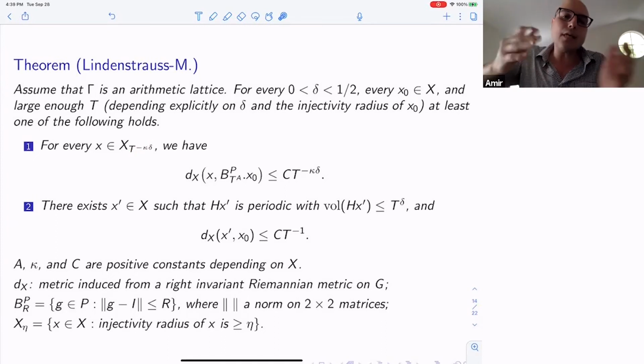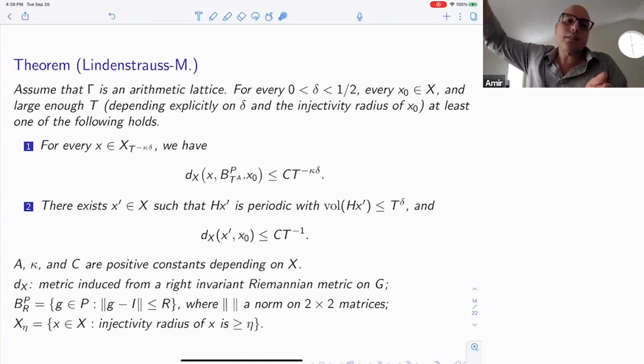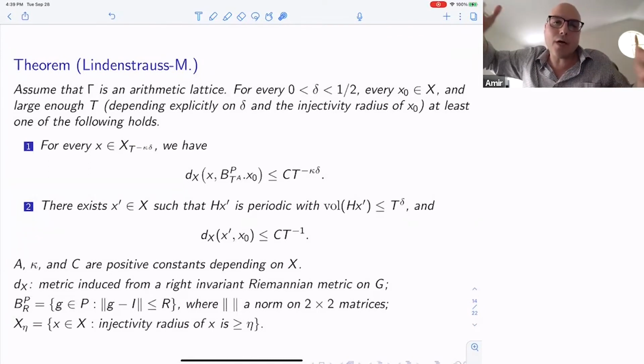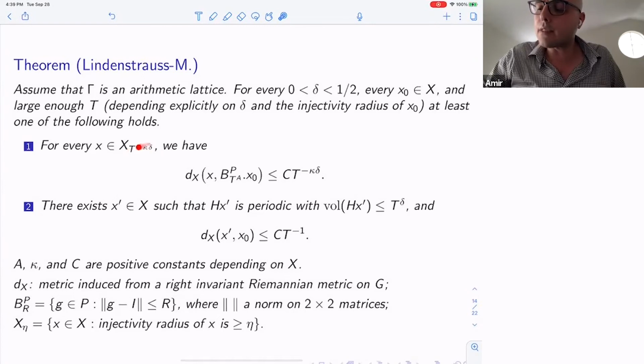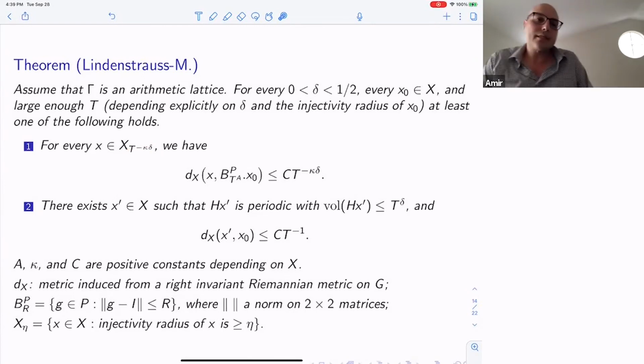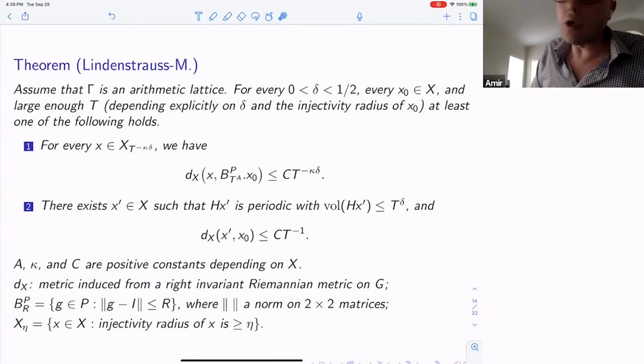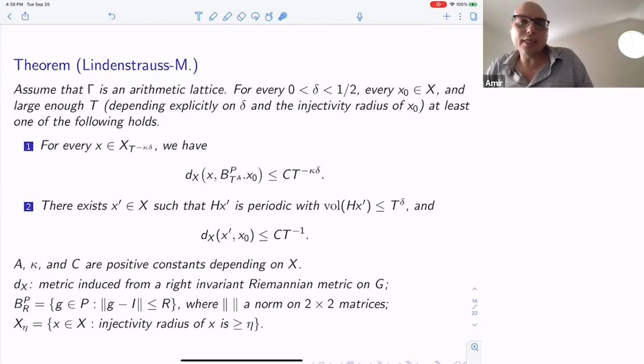This is X. If X is not compact, I need to cut it at some point. It's a finite piece of the orbit. I couldn't possibly hope to go everywhere in the space, so I need to cut it, and this is what this subscript here is. If you are happy with assuming that X is compact, you can ignore that. So every point in this compact piece is close to some point along the orbit, or my point was close to some periodic orbit of low complexity. This is the theorem.